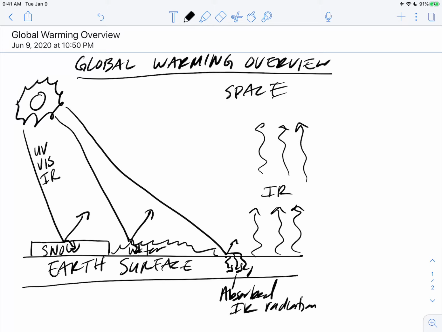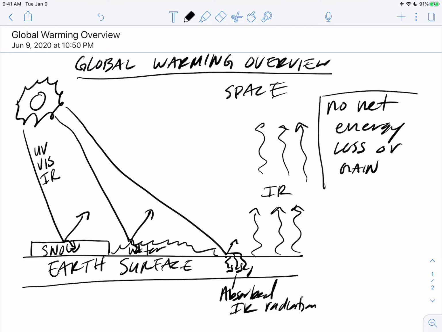So we have no net energy loss or gain. What we mean by that is that all the energy that comes in from the sun is not being trapped by the Earth.